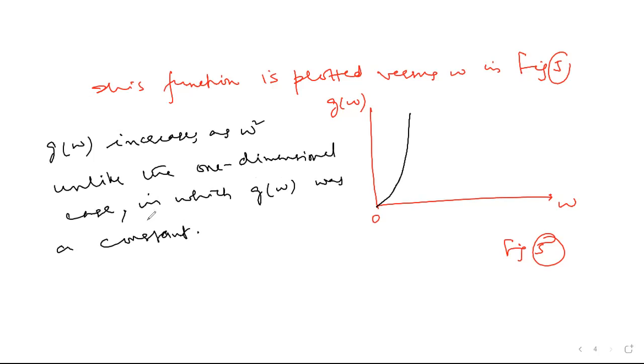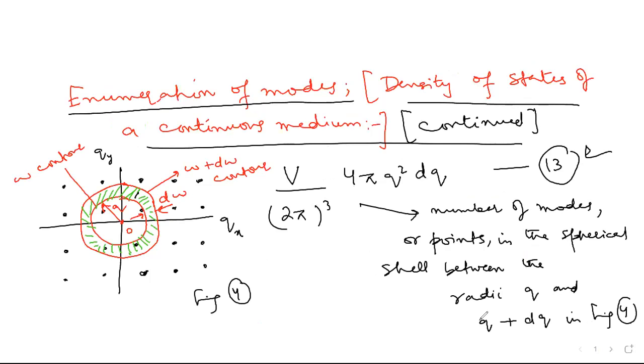Now, the increase in the present case is a reflection of the fact that the volume of the spherical shell in figure 4, this figure, increases as q square, right? And hence as omega square, since omega is proportional to q.